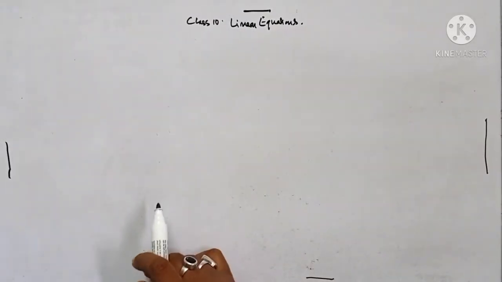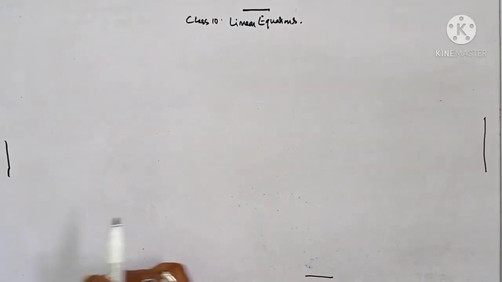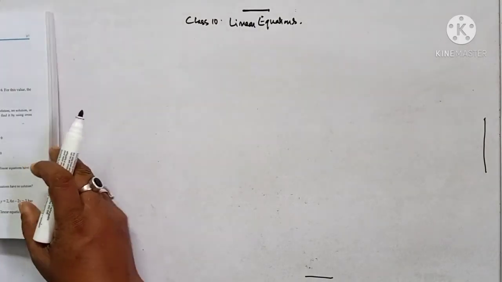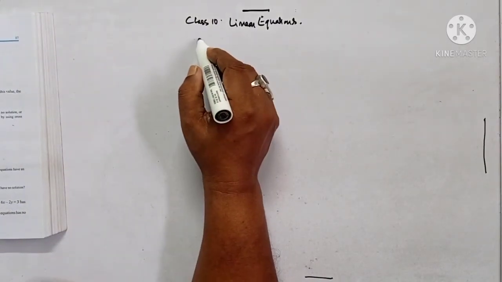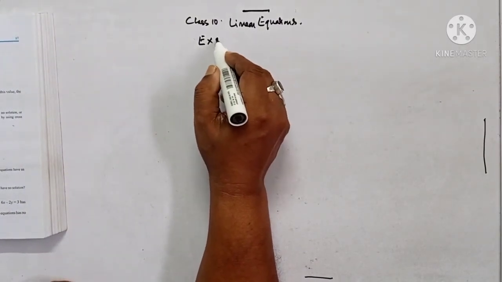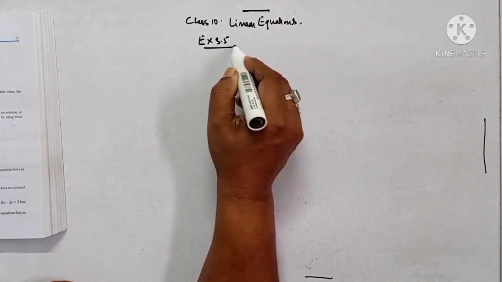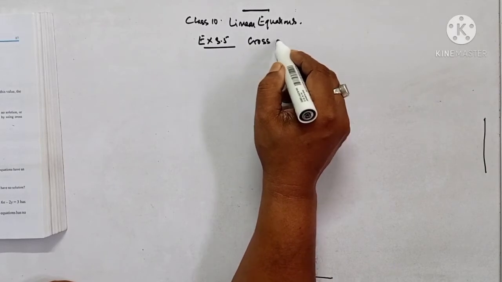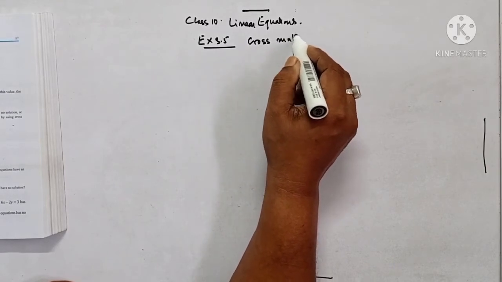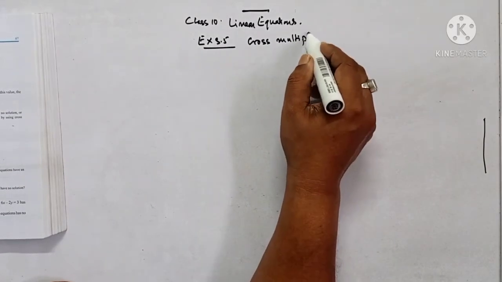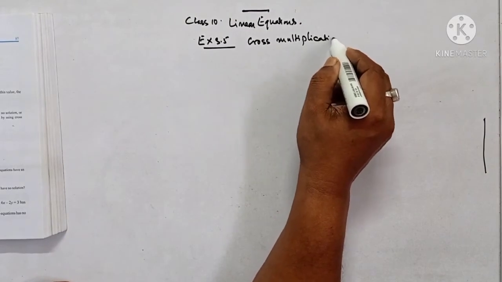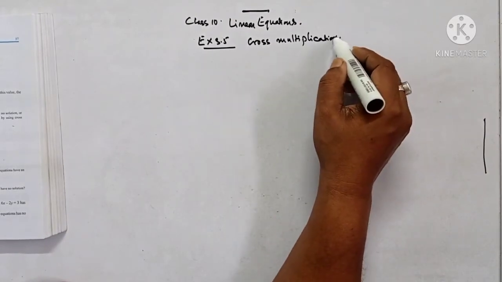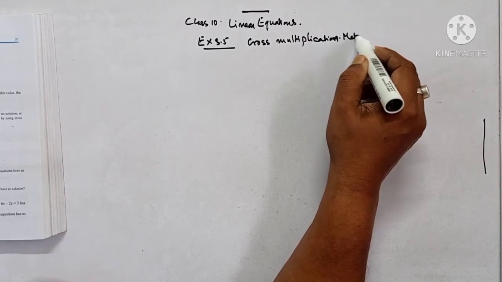Now this exercise is the cross multiplication method, exercise 3.5. This is the cross multiplication method.